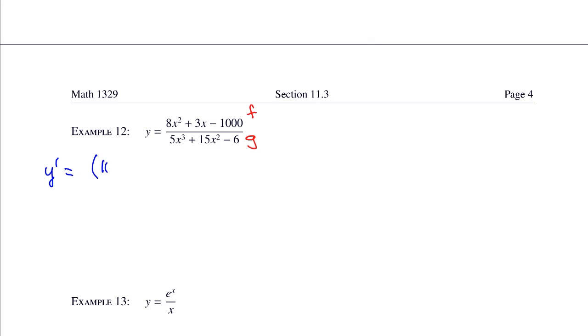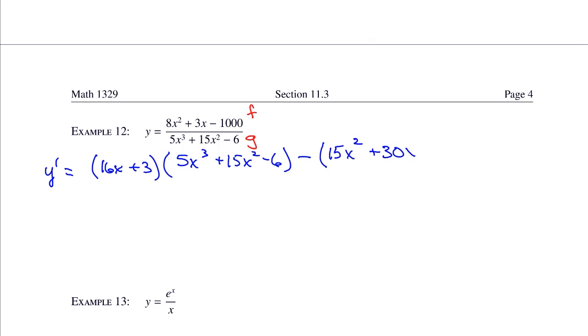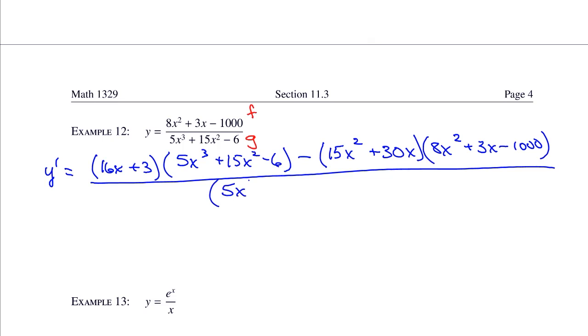So it'd be 16x plus 3 times 5x cubed plus 15x squared minus 6, minus 15x squared plus 30x times 8x squared plus 3x minus 1,000, over 5x cubed plus 15x squared minus 6, squared. Questions?